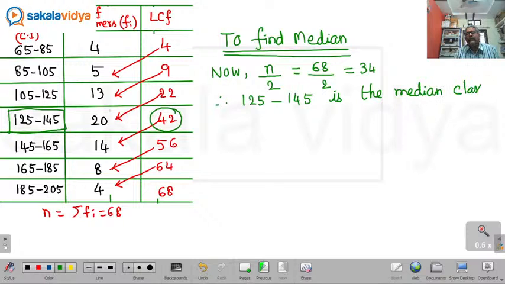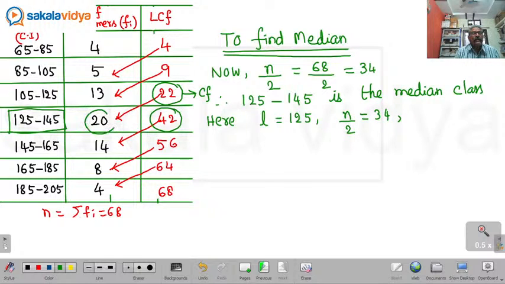Now we need to find out CF, the cumulative frequency preceding the median class. That means 22 is the CF. So write down here: L is equal to 125, n by 2 is equal to 34.